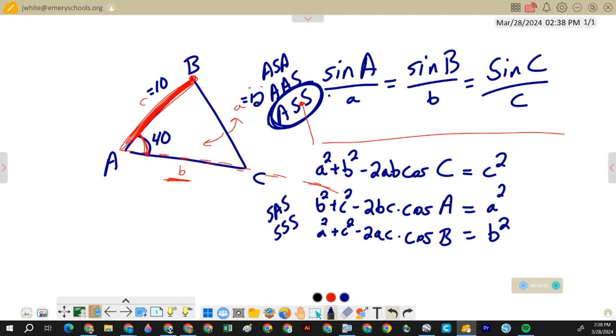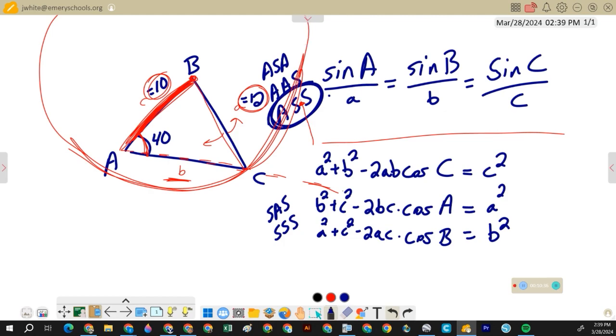And if the second side is larger than the first side, then when I have this swing, it really only hits side B in one place. So if I were to draw that whole circle all the way around, the only time that side A hits side B is going to be right there. And that's because 12 is bigger than 10.